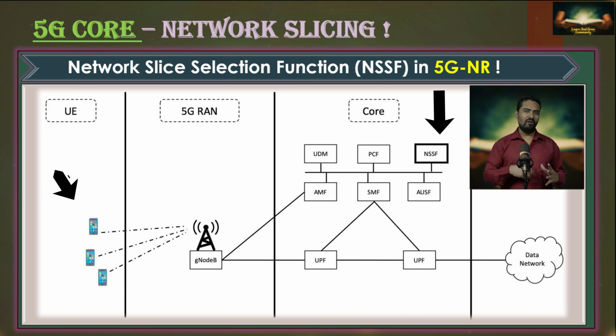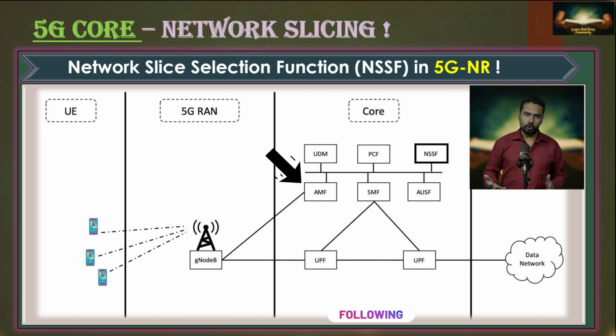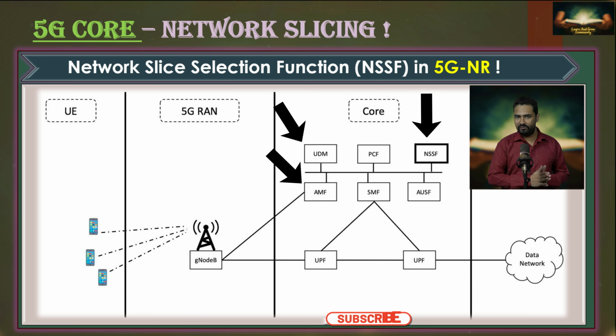A UE may be configured with a list of subscribed network slices, and it can request access to a specific network slice during the registration procedure. Now, the Access and Mobility Management Function, or AMF, will authorize a network slice based on the user subscription data from the UDM or by a query to the NSSF.